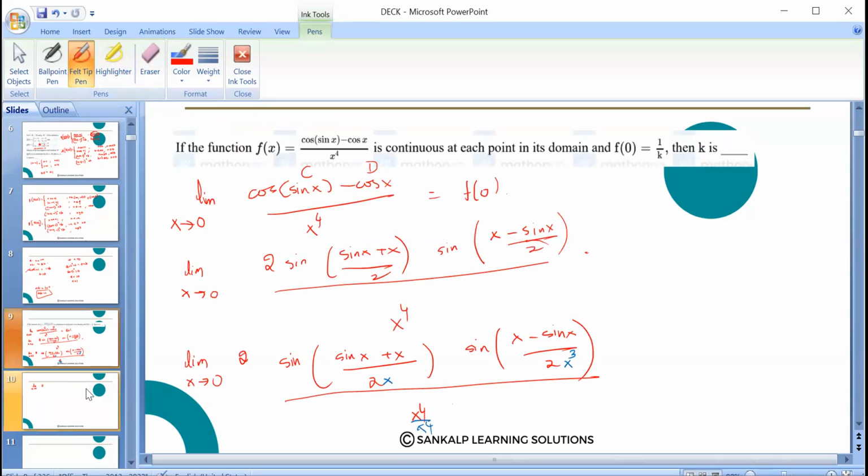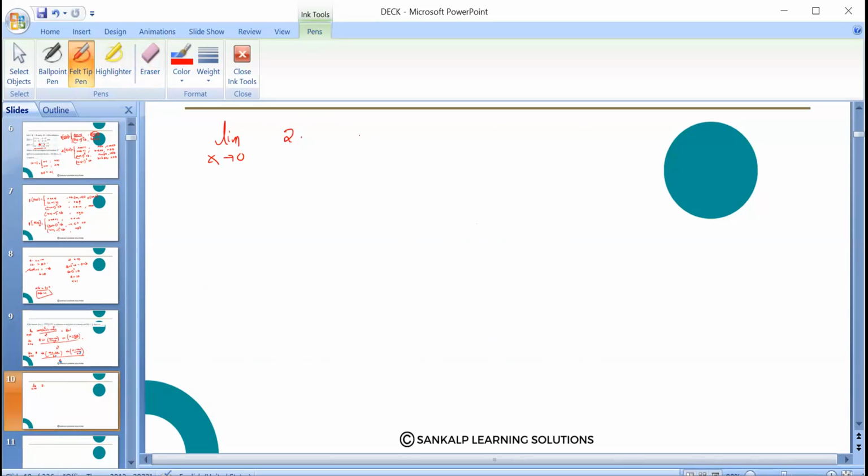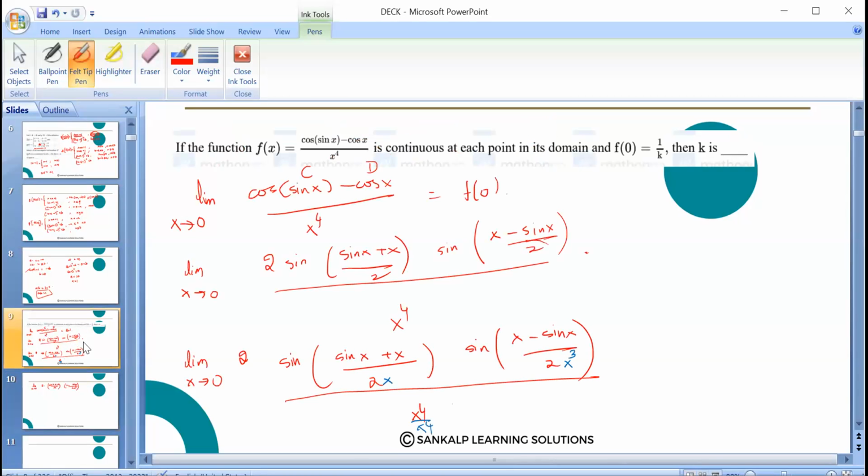So 2 into sin x plus x by 2x and x minus sin x by 2x. So this has to be equal to f of 0. f of 0 is given as 1 by k. So on the right side, you will be writing 1 by k.